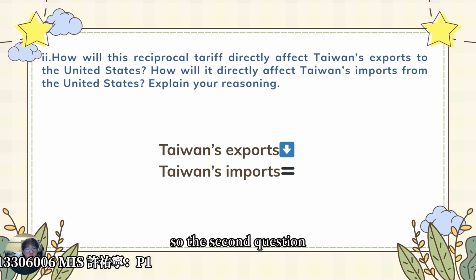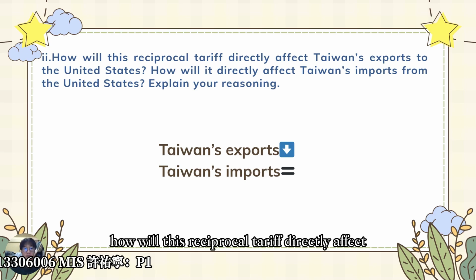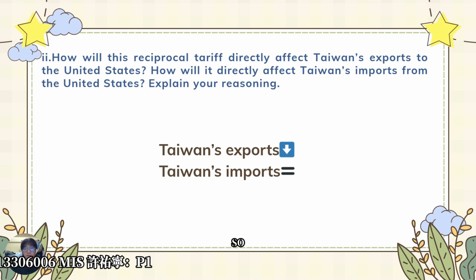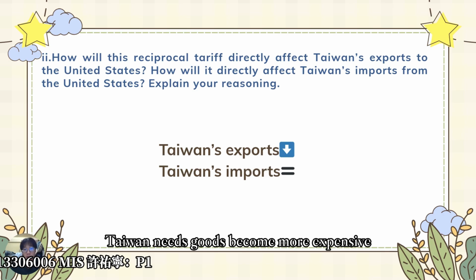So the second question, how will this reciprocal tariff directly affect Taiwan's exports to the United States, and how will it directly affect Taiwan's imports from the United States? The tariff will reduce Taiwan's exports to the US because Taiwanese goods become more expensive for American buyers.